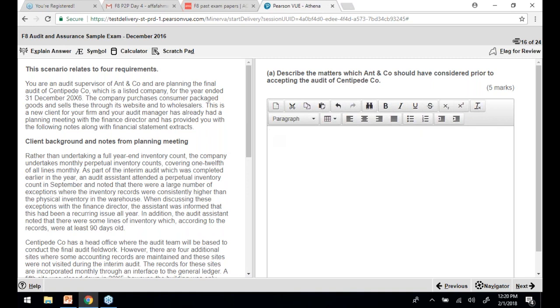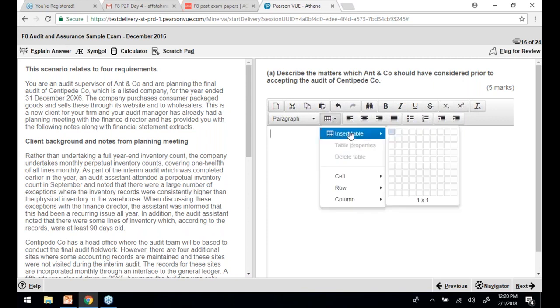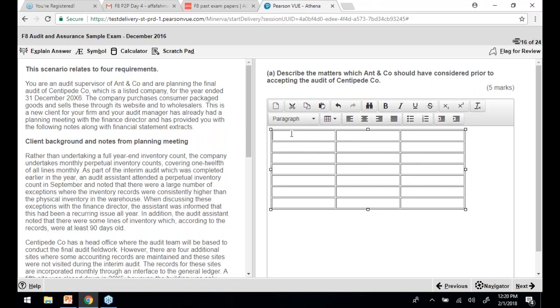If a pre-formatted template is not given, you can insert a table. Suppose I have to do a question on control deficiency, recommendation, and test of control. I'm going to insert a table. I need 3 columns because there are 3 areas, and maybe a number of rows as well.